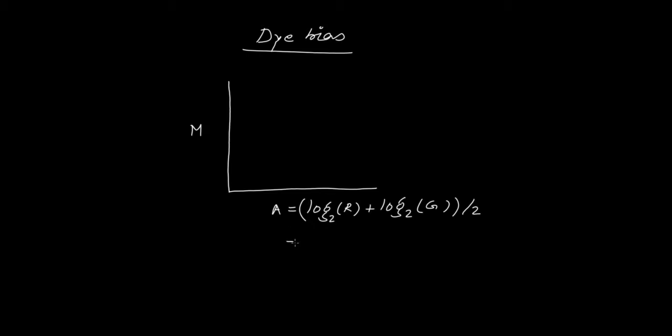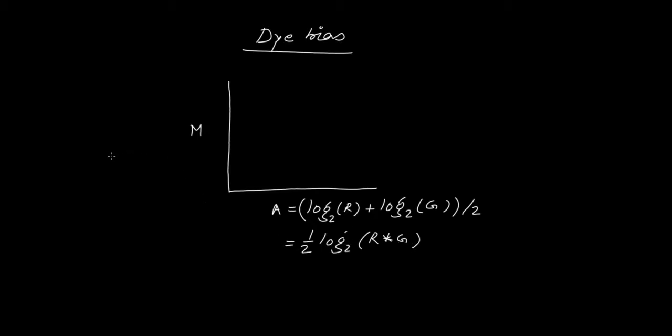Now this can be written on the log scale in the following manner: 1 by 2 log 2 of R times G. This is the same, another way to write the same thing.